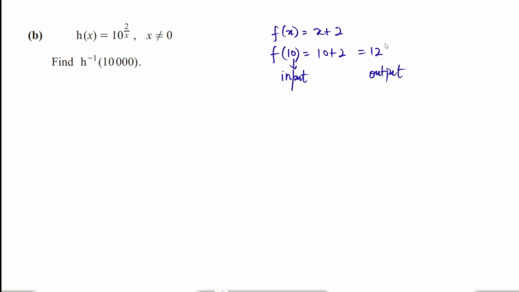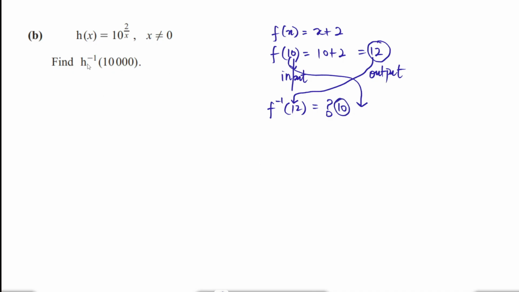Inverse says if you have 12 as output, then what was the input? So in the inverse, the output of the original function becomes the input, and the input of the first function becomes the output. Because if the answer is 12, the plug-in value was 10 here.